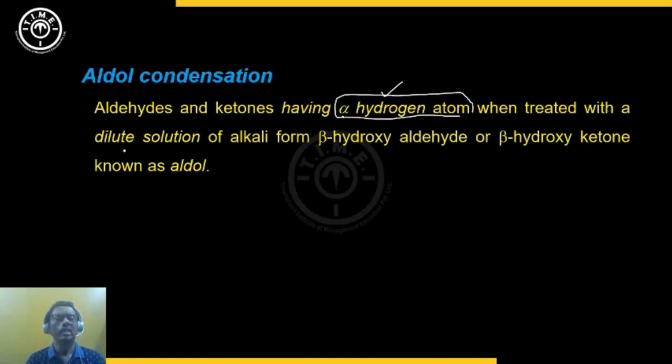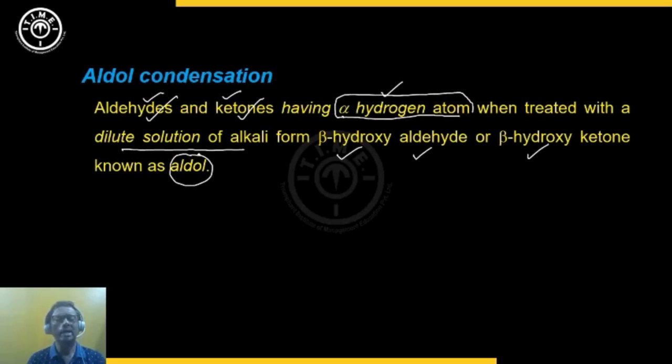And when aldehydes and ketones are treated with dilute solution of alkali, we initially get a beta hydroxy aldehyde if you have started with aldehyde, or a beta hydroxy ketone if you had started with a ketone, right? And this particular compound is called aldol.